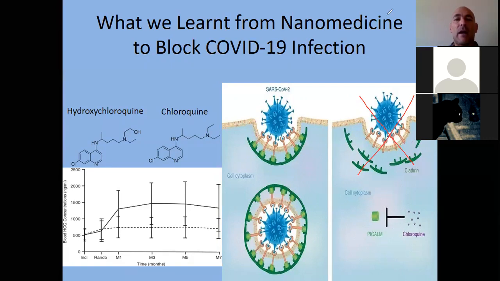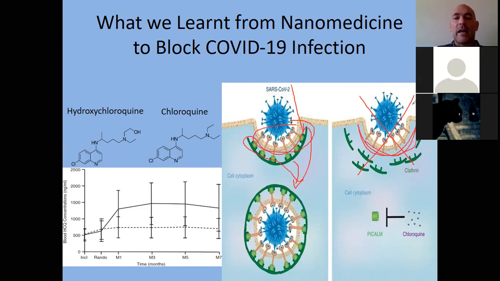So here in this graph, you can see that this virus binds to the surface of the cell, and then it can enter inside the cell, okay, through this complex of proteins here, these green proteins. Now, what happens with chloroquine is that chloroquine blocks this complex formation.